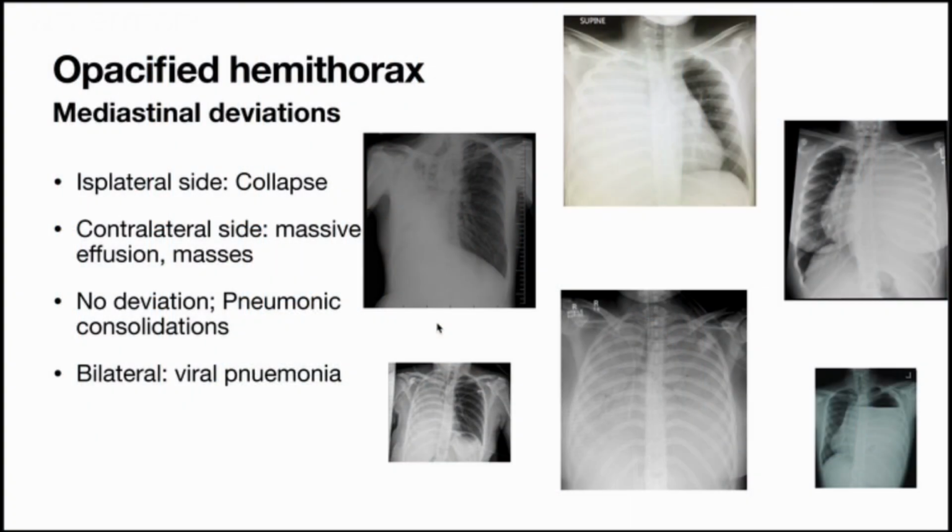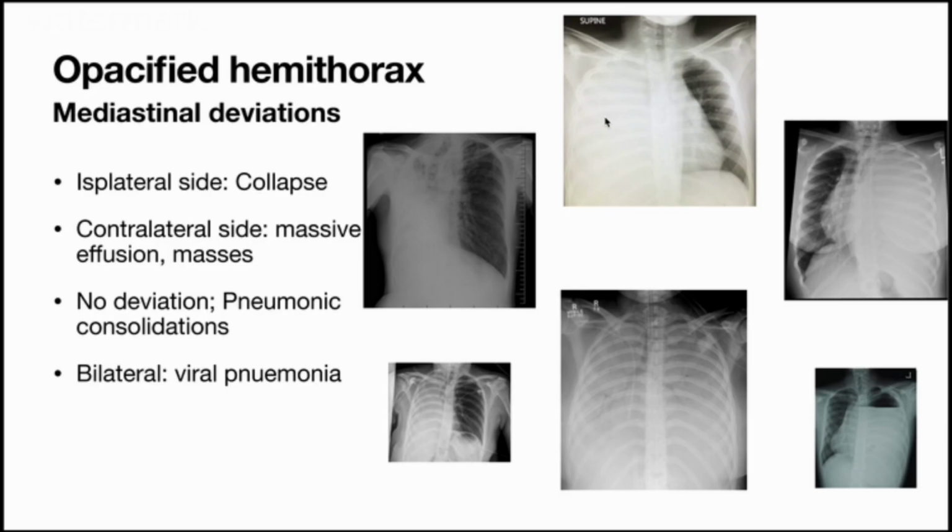On the other hand, one may think about opacification. We've looked at opacification of the hemidiaphragm, and you have seen that an opacification of the hemidiaphragm could be caused by collapse of the lung. But there are many causes of a homogeneously opacified hemithorax, just like you see one here in the image.